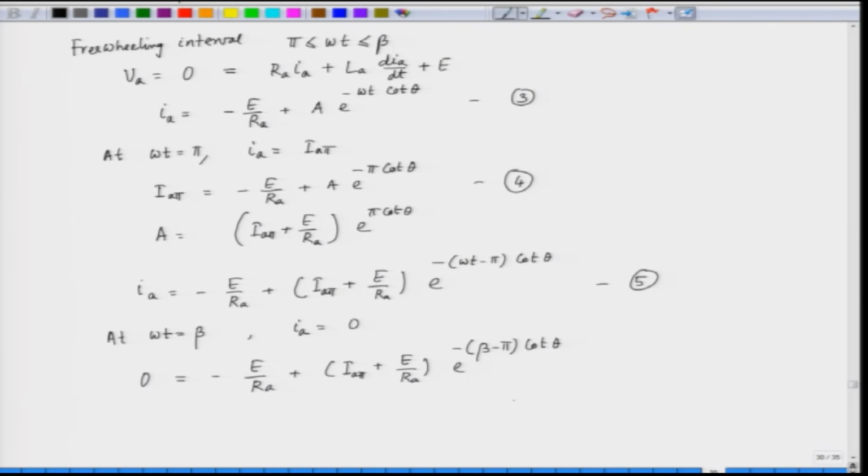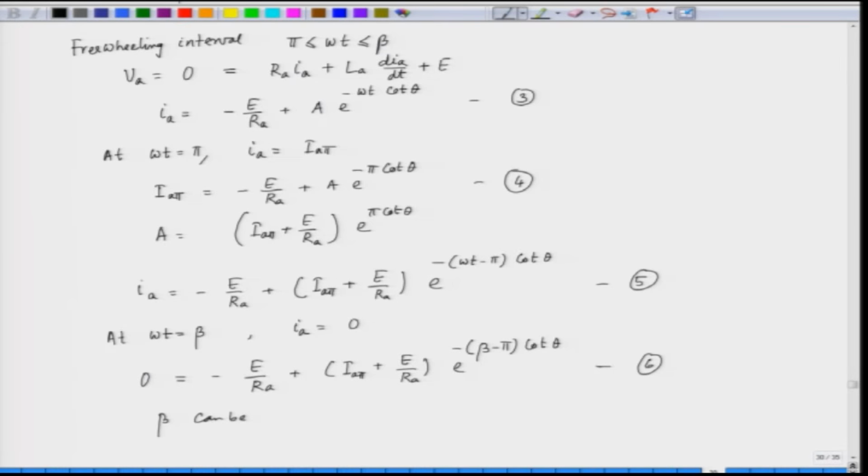This equation again involves beta, so beta can be evaluated from equation 6 iteratively as before.